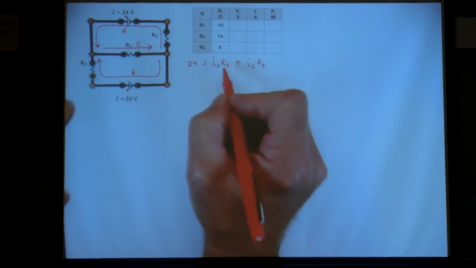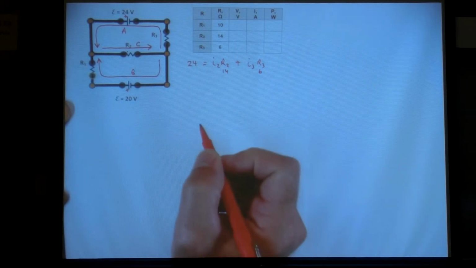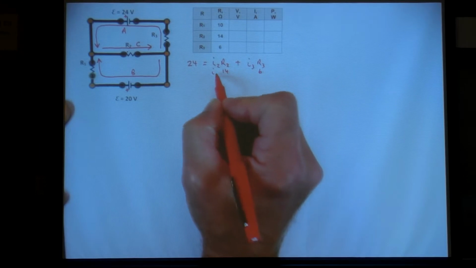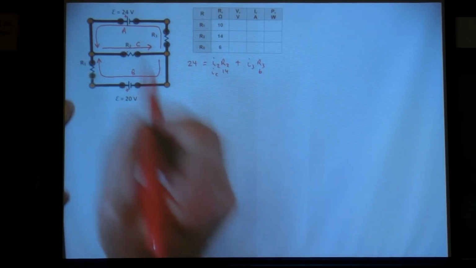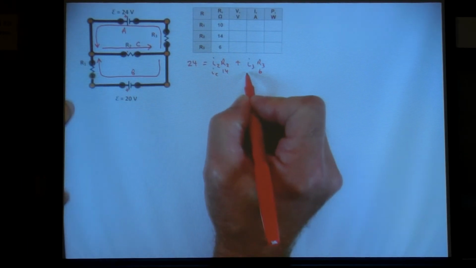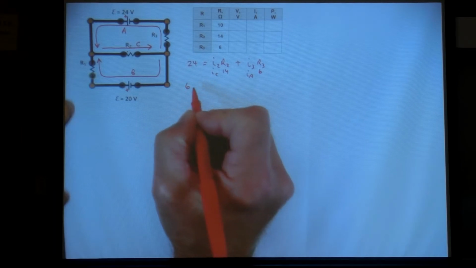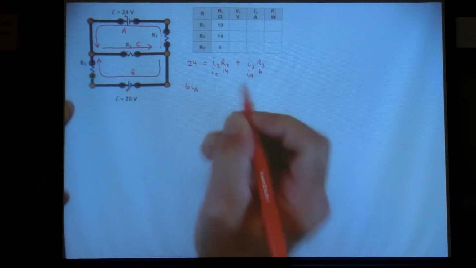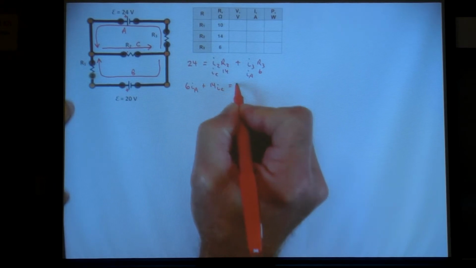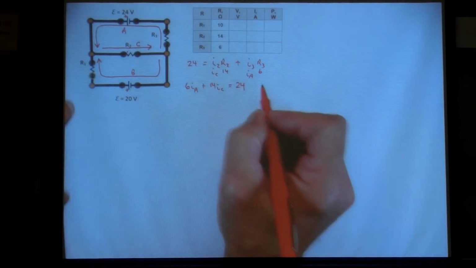But resistor 2 is 14 ohms, resistor 3 is 6 ohms, and our current 2, that's C, and our current 3, that's A. So I can rewrite this as 6 IA plus 14 IC equals 24. So that's my first loop equation.